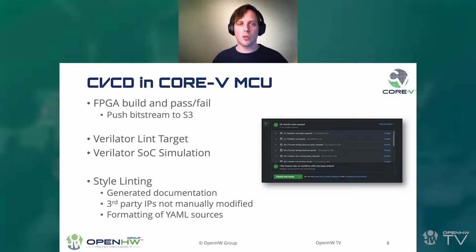We check that our generated documentation is up to date, and we are also checking that sources such as the YAML source file listings are properly formatted, as well as third-party IPs that are checked into the repository for convenience, are not manually modified, but are pulled in on a given snapshot.